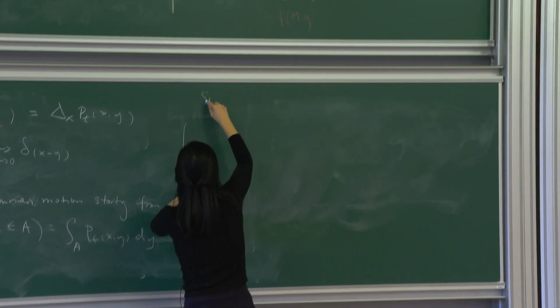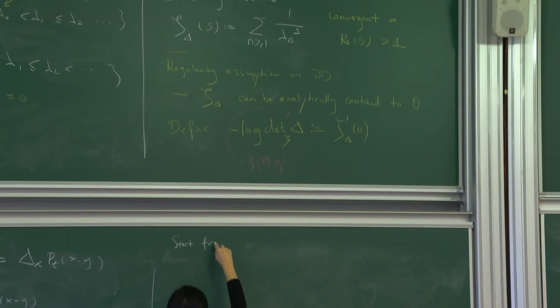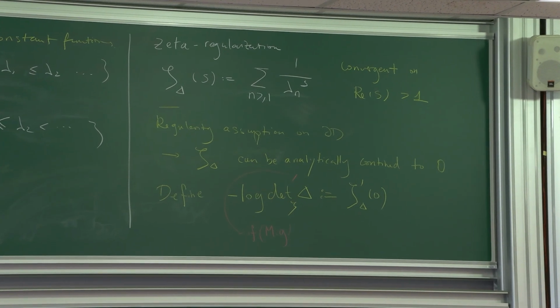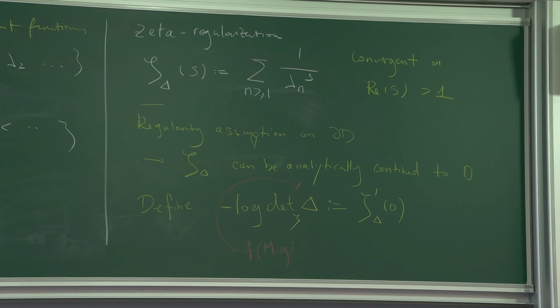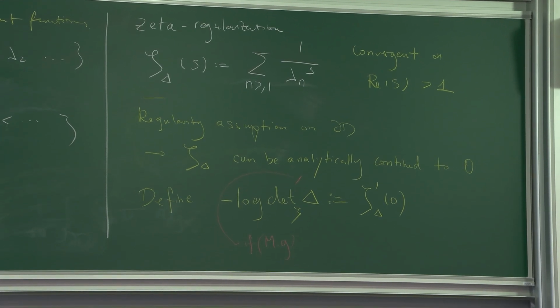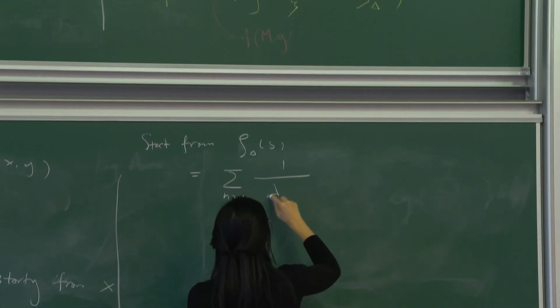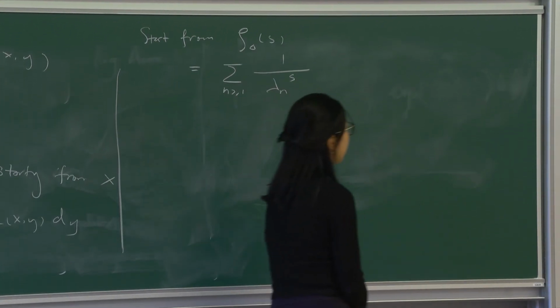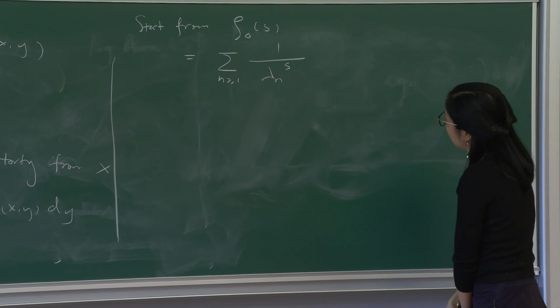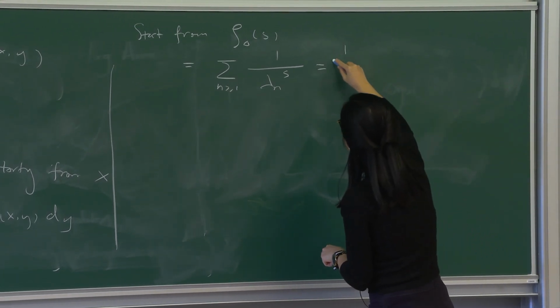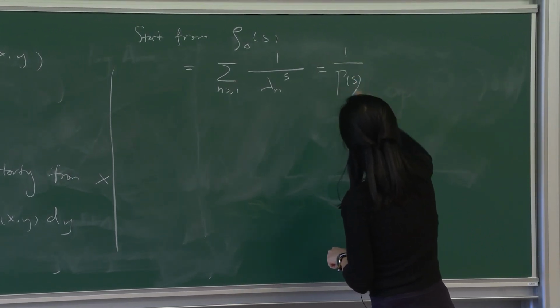So we start from the zeta function. This is equal to the sum over n of 1 over lambda n to the power s. I'm going to write it in a slightly different way.